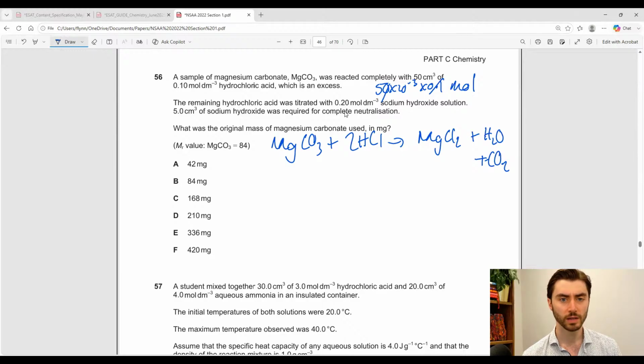The remaining hydrochloric acid was titrated with this.